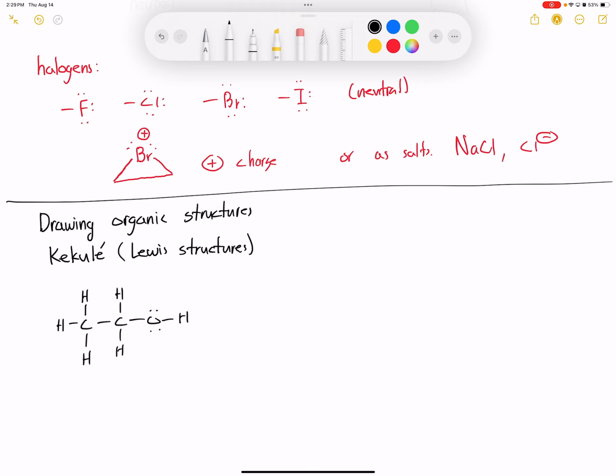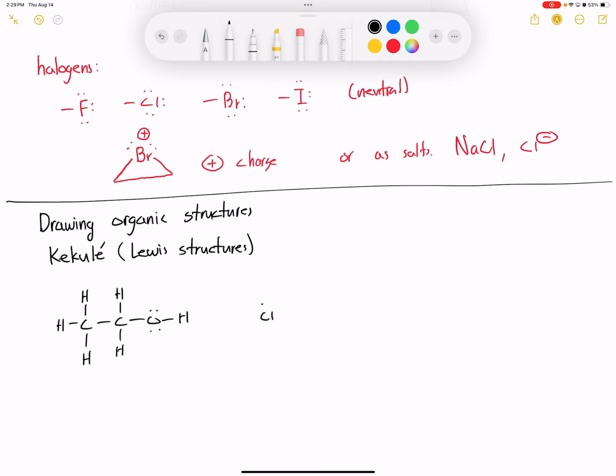Okay, so let's draw a little more complicated structures, and you'll see why this way of writing organic structures has some limitations. The first one is, does oxygen have 180-degree bond angles? No, right? So that's the first thing.